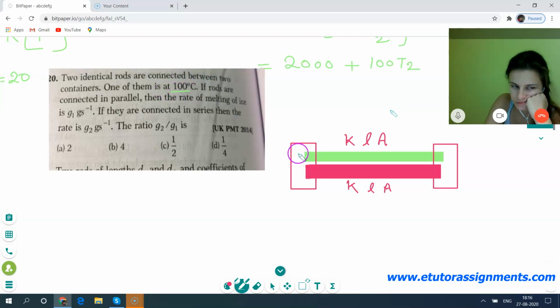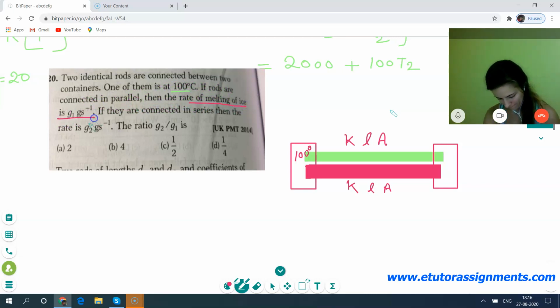One of them is at 100 degrees, another at 0, and the rate of melting of ice is how much?